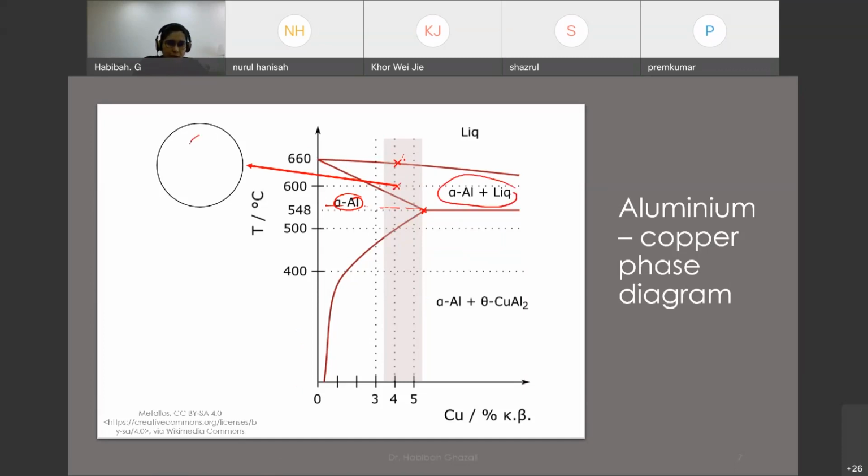The first microstructure will be alpha, and it will become bigger and bigger. As soon as it reaches that solidus line, and below that solidus line, we only have alpha solid solution, so all of this microstructure throughout the whole volume will be alpha.